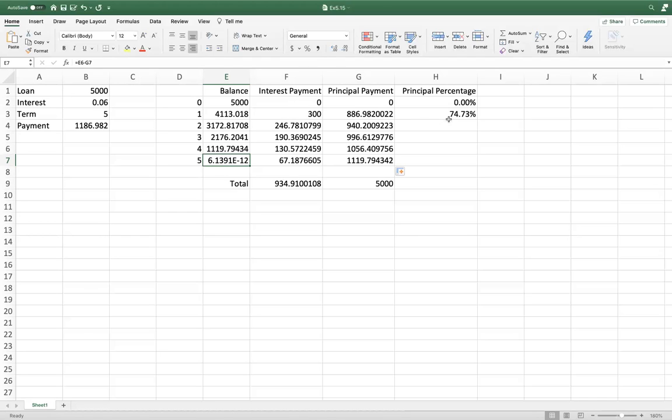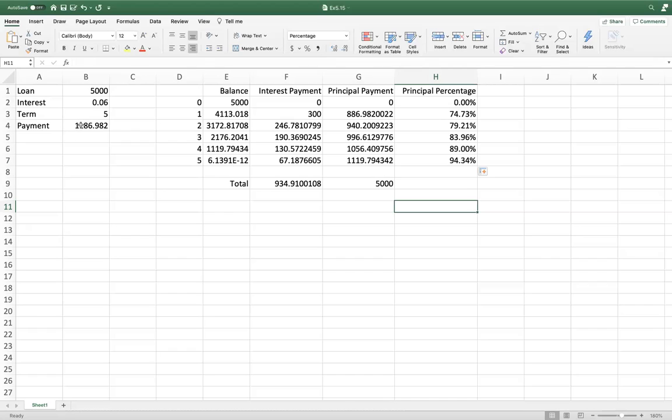Okay, and then of course, if you want, you can also drag to see the percentage. You can see here it is increasing. The percentage of each payment made towards principal goes up. That is because we take care of interest each time, so the balance is going down. Otherwise, you will never be able to pay off a loan.